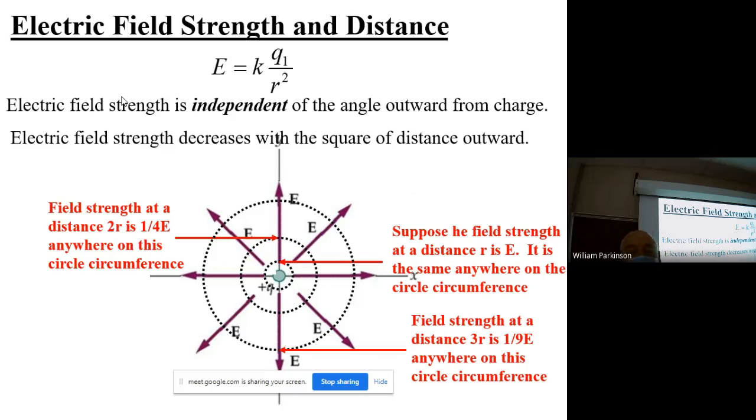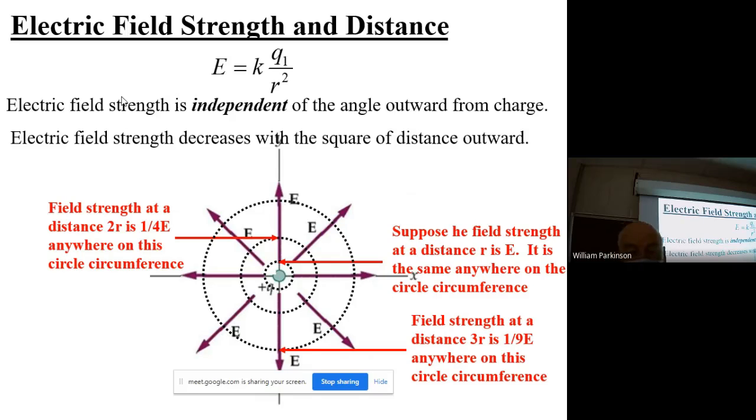Now, the other thing to note is that this occurs on concentric circles. This is the same phenomenon that would happen with gravity. As long as you're the same r distance away, you can be anywhere on the edge of a dashed circle and still feel the same gravity effect.